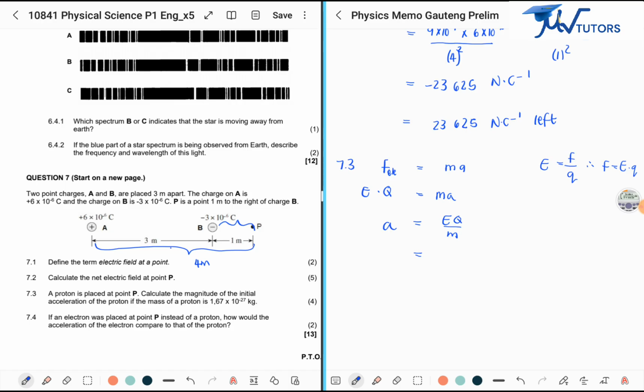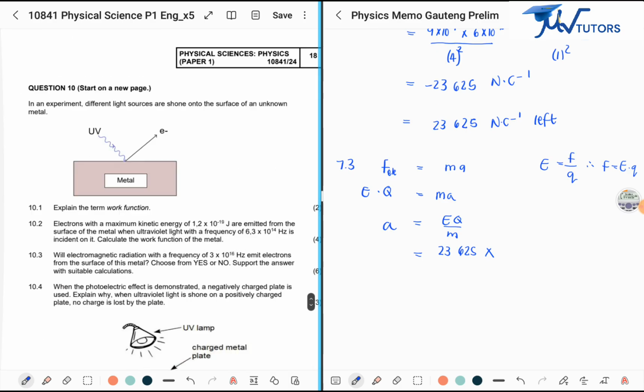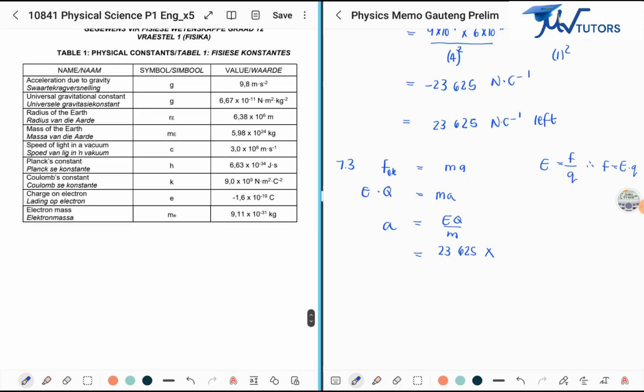What is the 23,625? What is the charge on a proton? Well, if you know the charge of an electron, the proton will just be the positive of that. Okay, so the charge on an electron is -1,6, so a proton will be positive 1,6 times 10 to the -19. All right, still with me there?